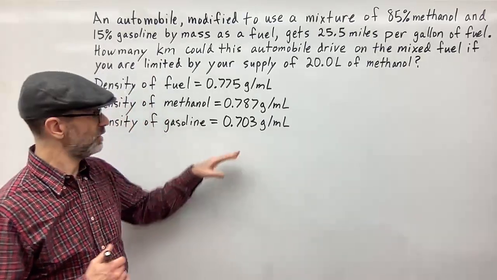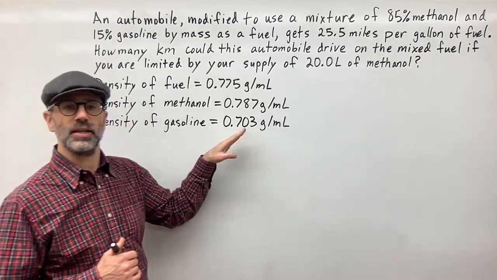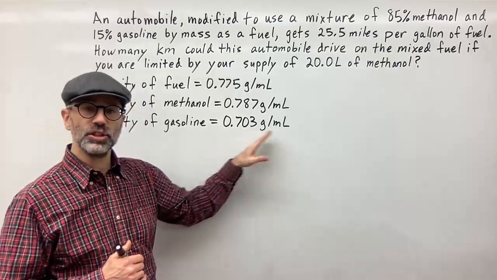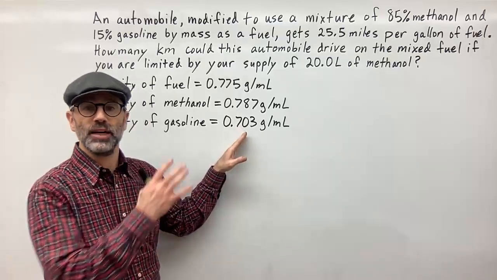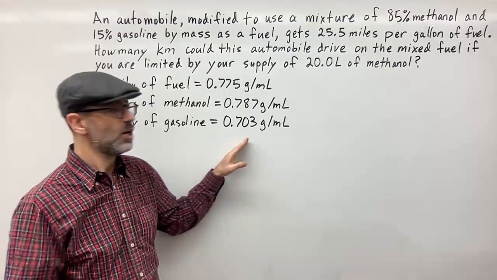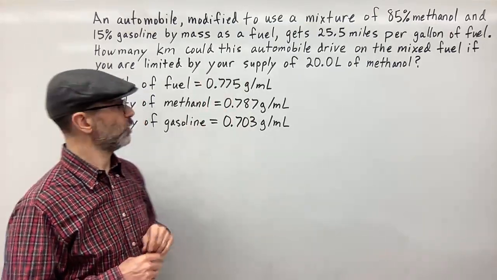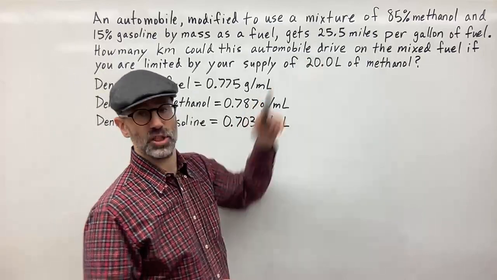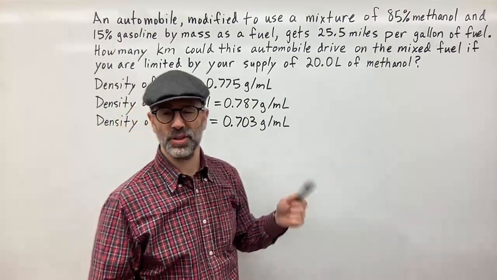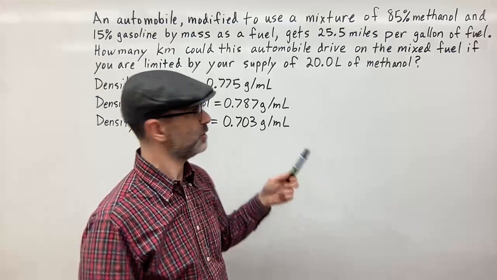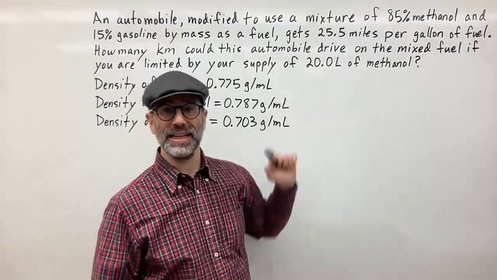Second thing, density. Density is a relationship between mass and volume, so this is going to be very good for converting between volume of something and mass. Another thing that we're given is the miles per gallon. That is a relationship.